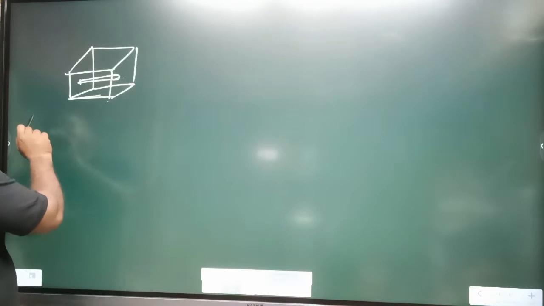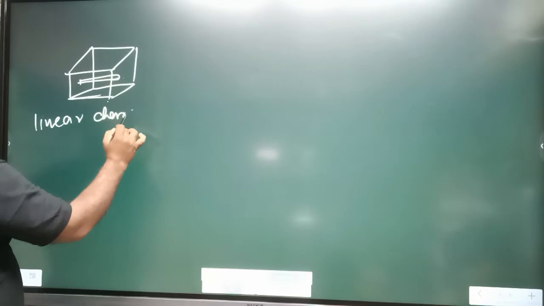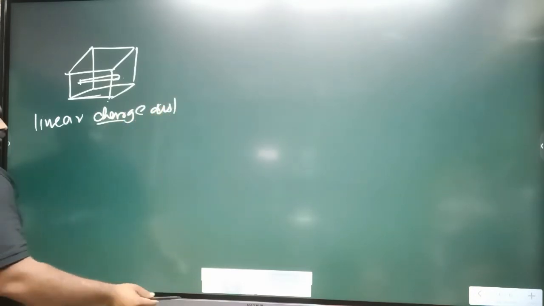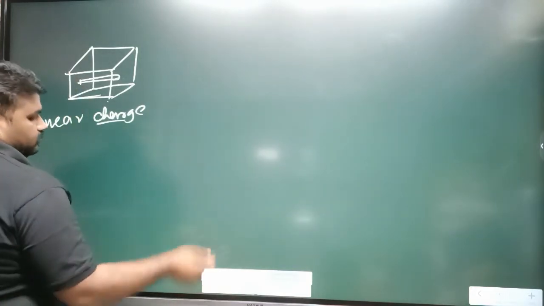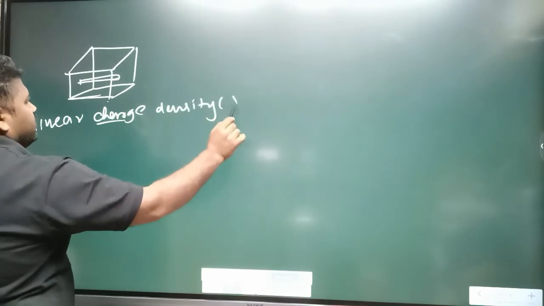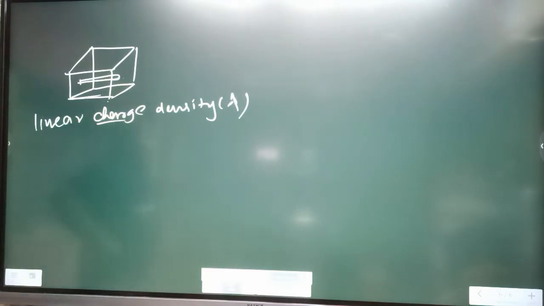They have given the linear charge density on the rod. Linear charge density is represented by lambda.